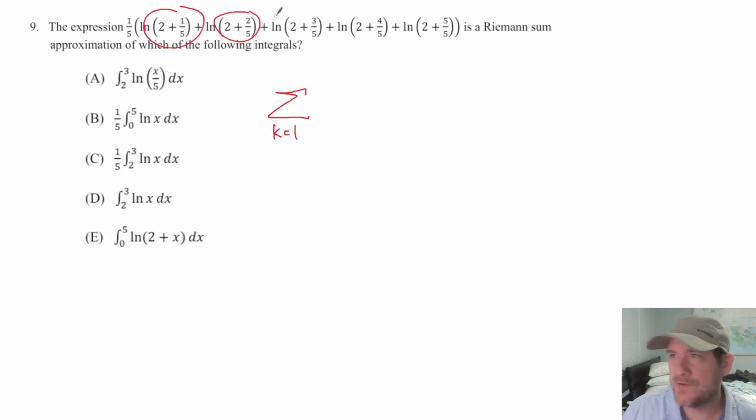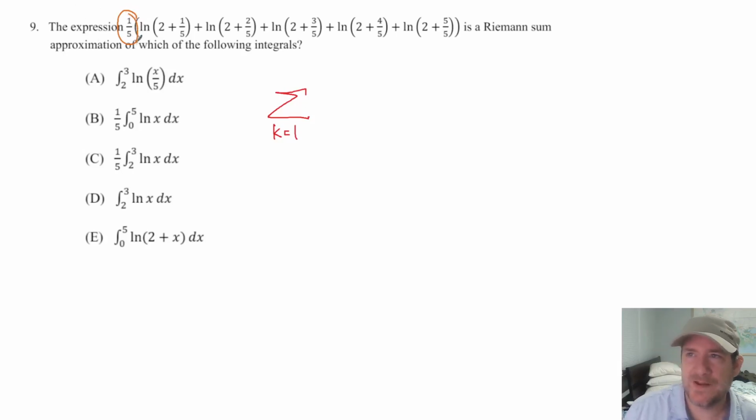It's 1, 2, 3, 4, 5 terms. But even if they did the dot dot dot thing and didn't show us the fact that there were 5 terms, we would know by looking right here at our delta x over n expression that there's 5 things because the denominator was 5.